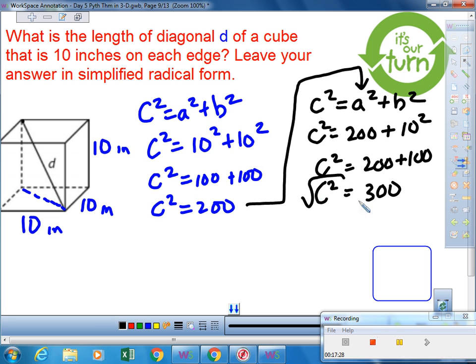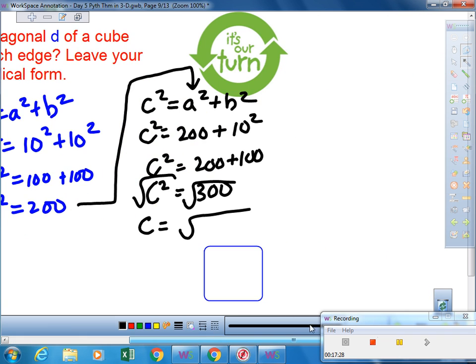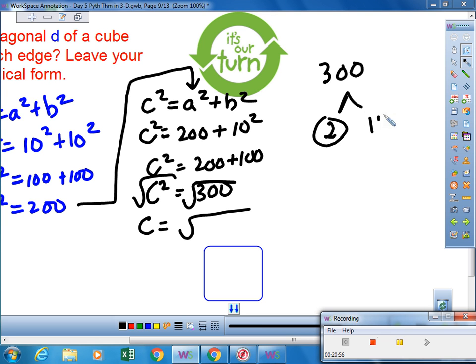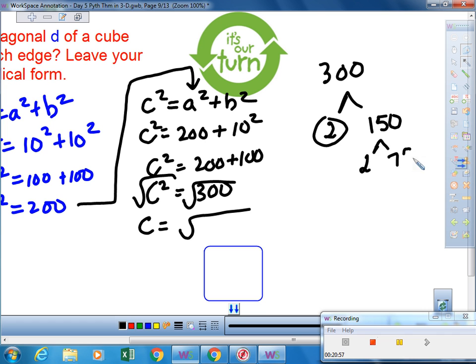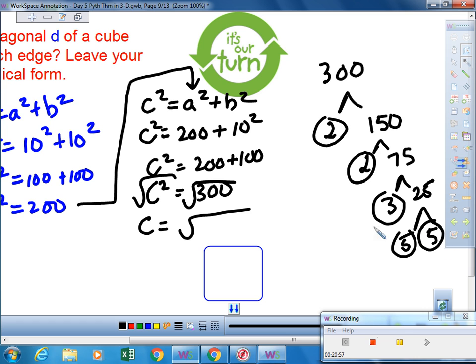So now we're going to take the square root. C is, and then we're going to factor 300. So go ahead and factor it. I think you guys need more practice on factoring. 2 times 150, and then 2 times 75, and then 3 and 25, and then 5 and 5. 2 times 2 times 3 times 5 times 5.